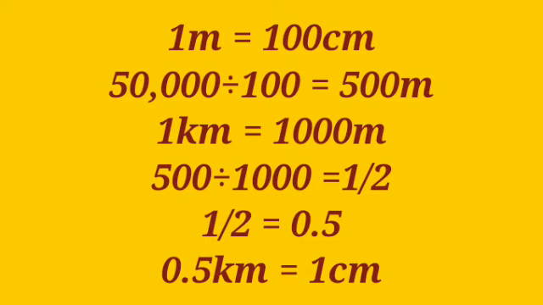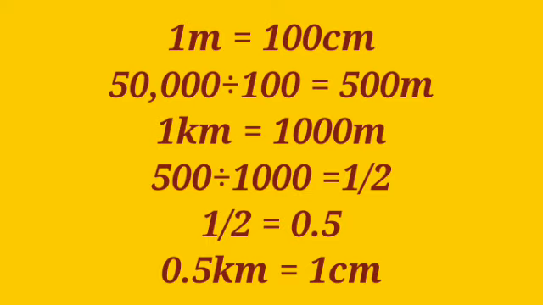Ratio means comparison of two things, relationship between two things. And what are those two things? Distance on the map compared to the distance on the ground. What you are showing on the map, what is actually there in comparison to the ground.